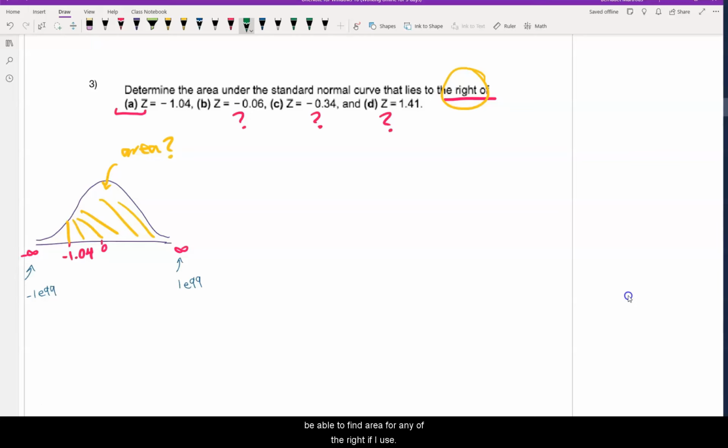But here, if I use TI-83/84, part A, probability when z is greater than. Here it is asking to find area to the right. That's why here it is greater. If it was left, we're going to have z less than. But here it is greater than negative 1.04. So that is, again, normal CDF.